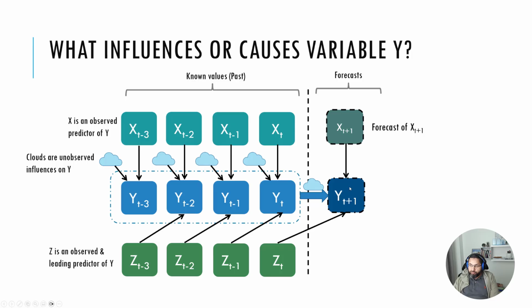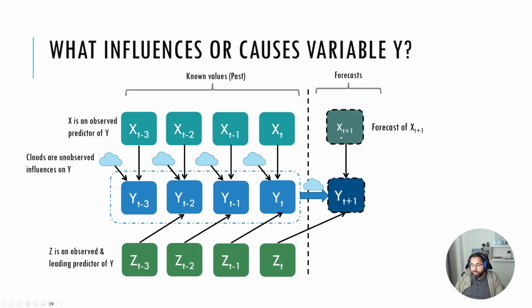And then to build the forecast for the next quarter, we could use the forecast that was built by economists or other people who are professionals for that part of the economy or that economic indicator, and we say, oh, this is a very reliable forecast, so I can use X(T+1), even though X(T+1) is not observed. I don't know the jobs report for next quarter, I don't know the GDP growth for next quarter, I have a good forecast for it sitting in quarter one. I already know the quarter two forecast, so I can plug in the quarter two forecast in my prediction for Y(T+1) and try to use that.